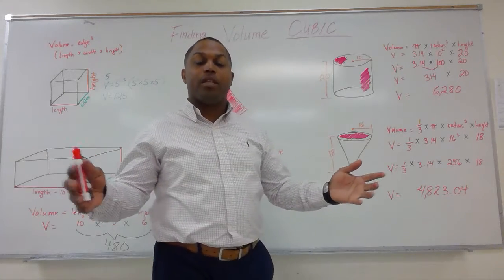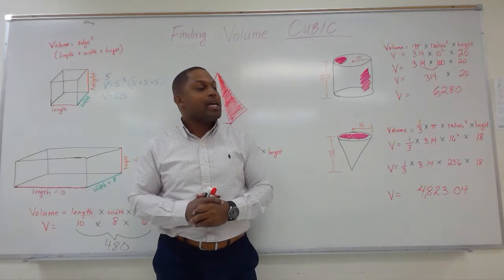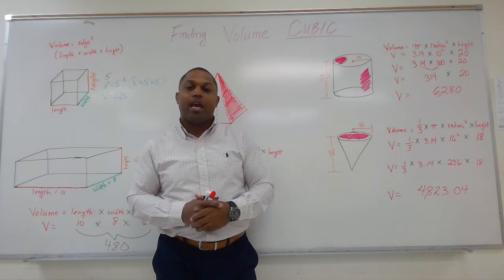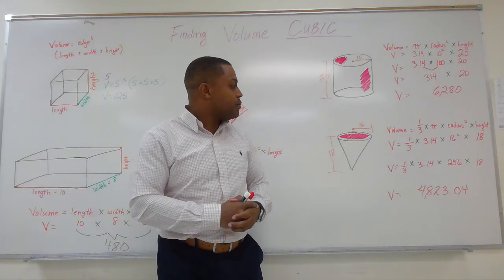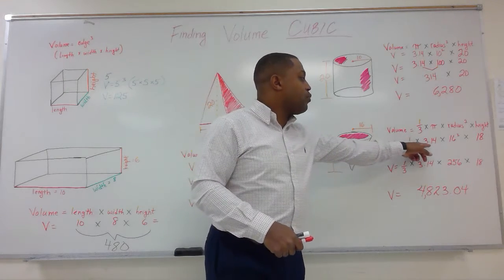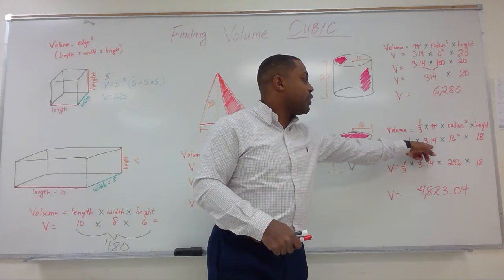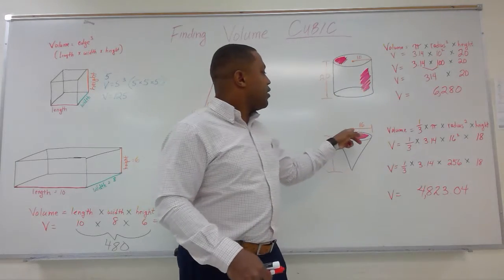That's the formula that we have been given, and what we're going to do is simply take the numbers we're provided and substitute them into the formula. So volume equals 1/3 times 3.14 times the radius. Here's the radius.